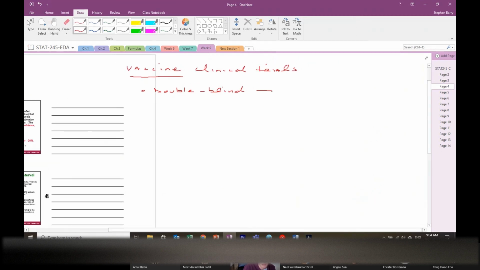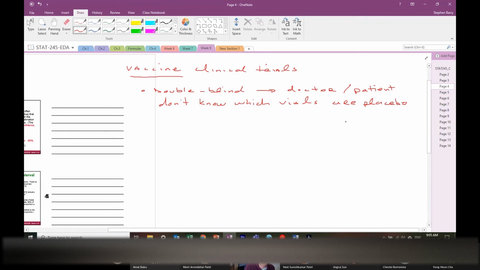Double blind means that the experimenter and the subject don't know which vials are the placebo. A placebo is just a fake medicine.